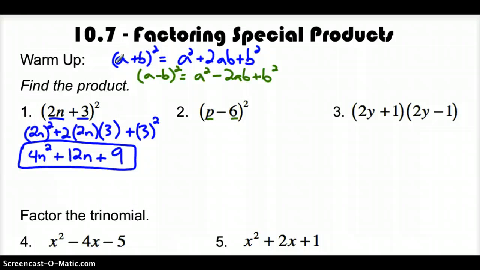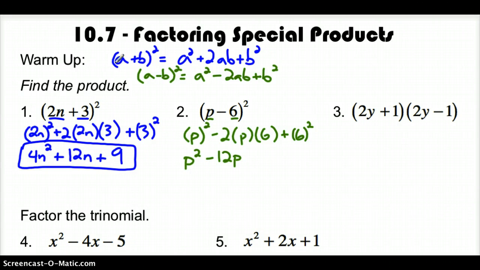So it's p squared minus 2 times p times 6, plus 6 squared. We end up getting p squared minus 12p plus 36, and this is our product.